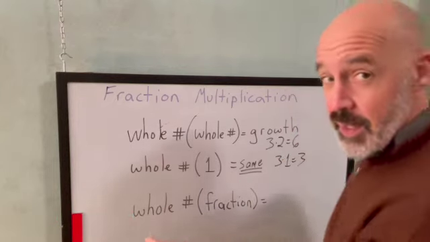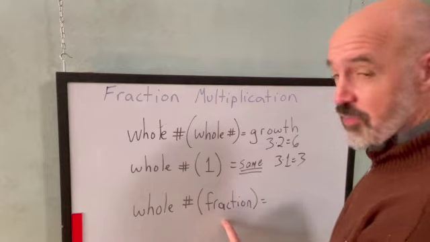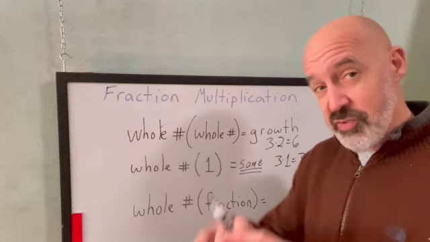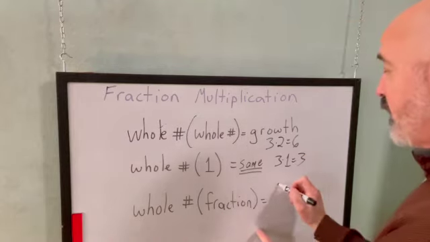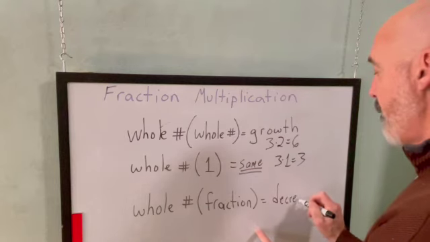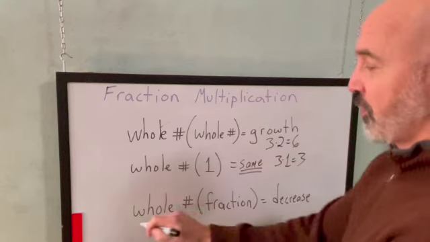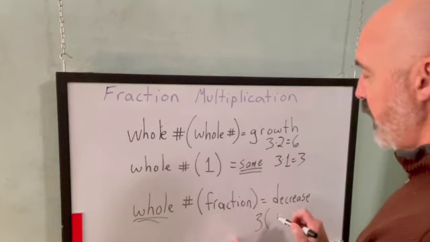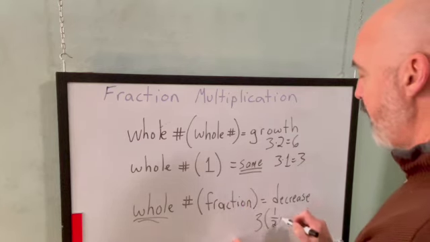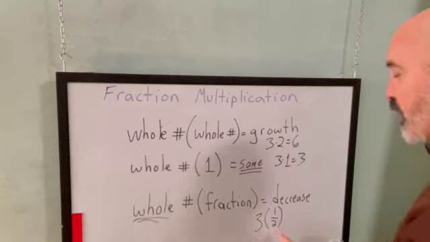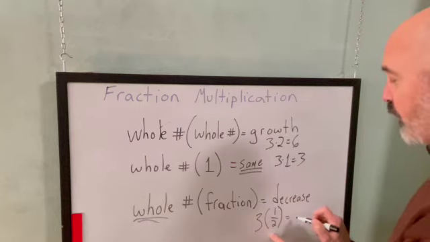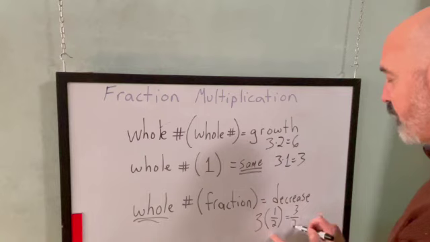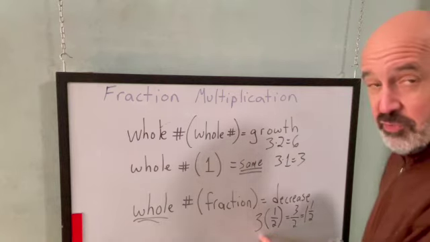So then, by extension, a whole number times a fraction is actually going to decrease the product from the original whole number. So say now we have 3 times 1/2. That's 1/2 3 times, which is just 3/2, or 1.5, which is less than the original factor of 3.